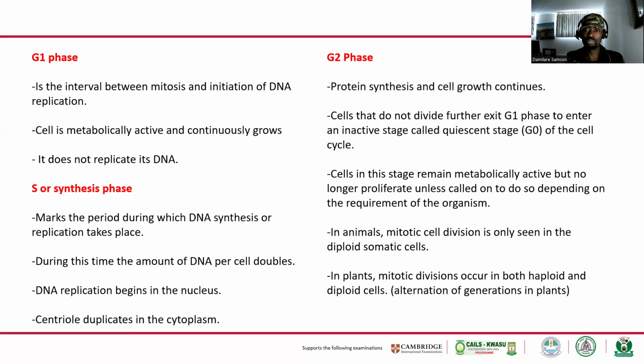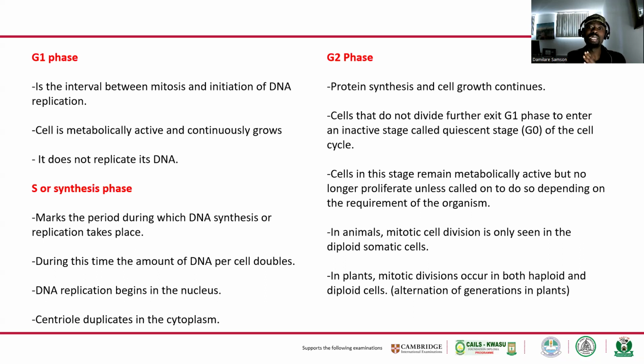Now, the G2 phase: protein synthesis and cell growth continue. At G2 phase, there is more protein synthesis and the cells still continue to grow. The cells that do not divide further exit the G1 phase to enter an inactive stage called the quiescent stage, G0, of the cell cycle.